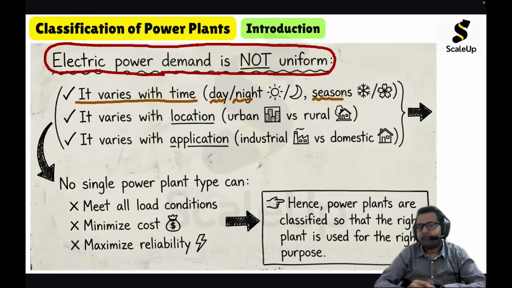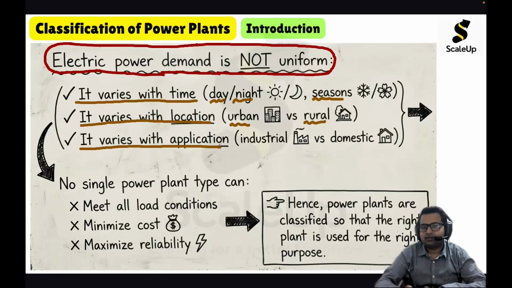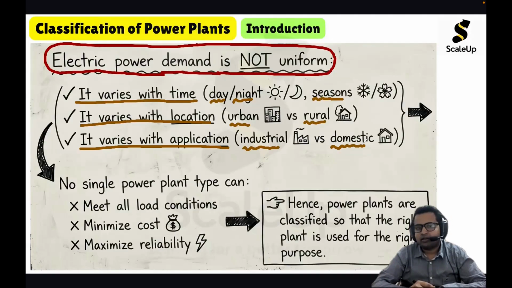It varies with time. It even varies with location, because in urban areas the demand will be very high as compared to rural. It also varies with the application, like in industrial, demand will be very, very high as compared to domestic electric power demand.